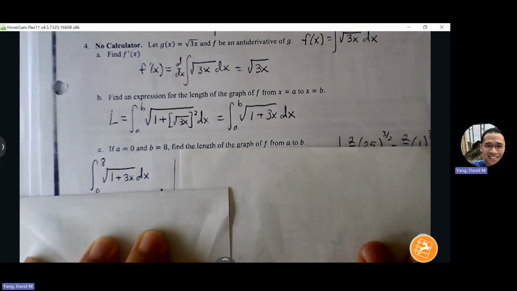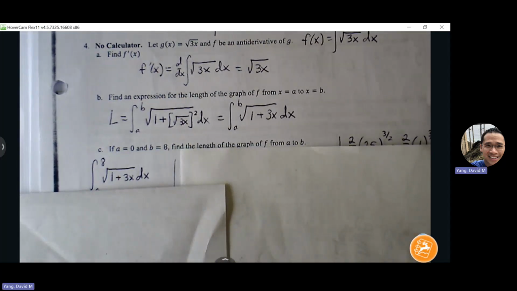Okay, so once you get to part C, then you'll use substitution. Finish off the problem from there.